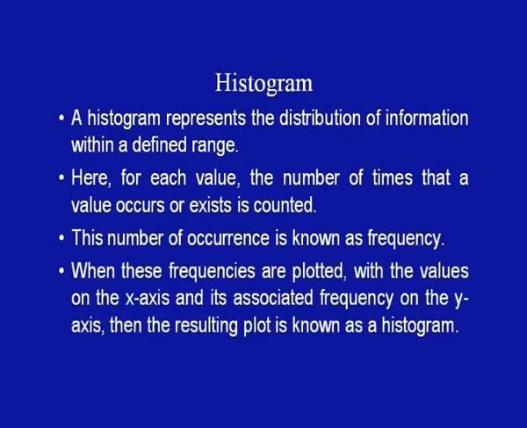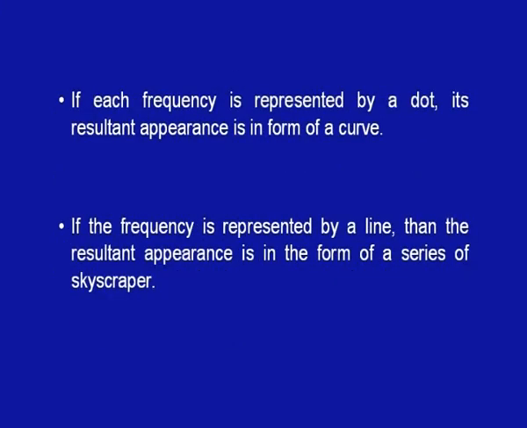When these frequencies are plotted with the values on the x-axis and the associated frequency on the y-axis, the resulting plot is known as a histogram. If each frequency is represented by a dot, its resultant appearance is in the form of a curve. If the frequency is represented by a line, then the resultant appearance is in the form of a series of skyscrapers.